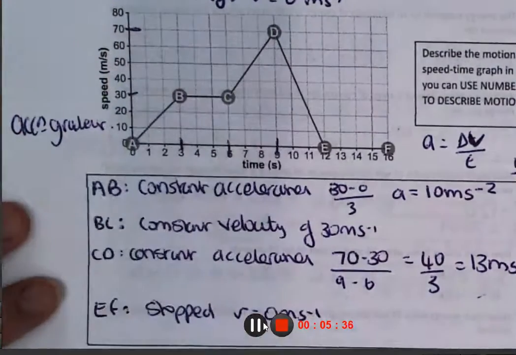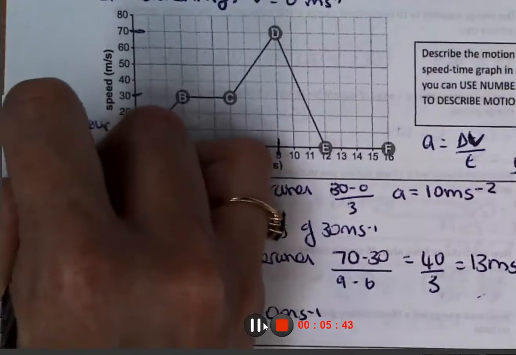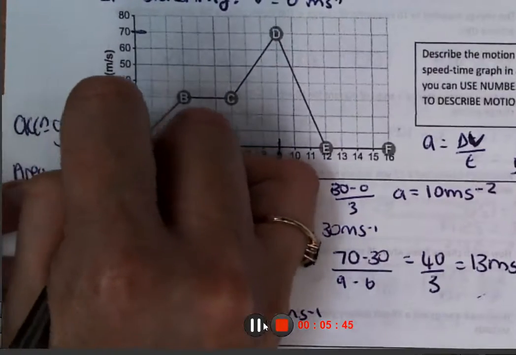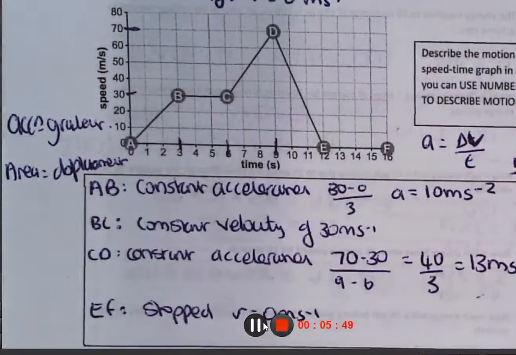What you can actually do is work out the area under the graph as well, and that tells us something different. So the area tells us the displacement. So what we're going to do is split this up into sections.